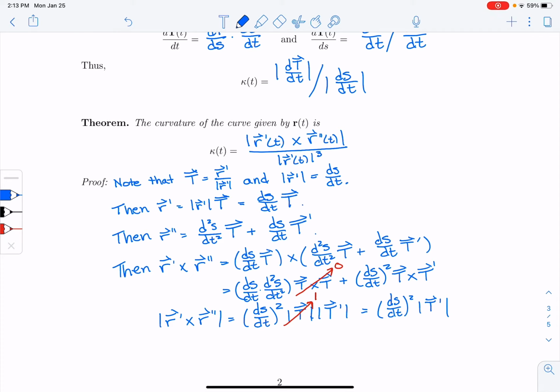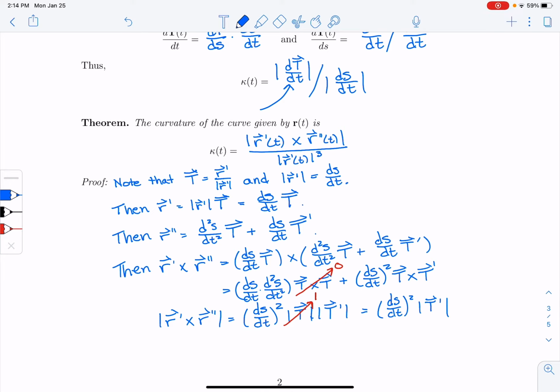But the magnitude of T prime is exactly what we're looking for in our definition of curvature.